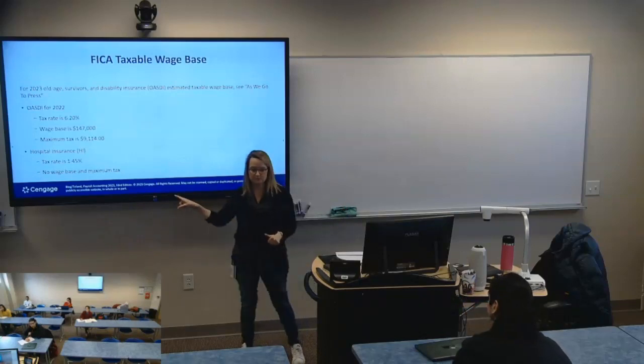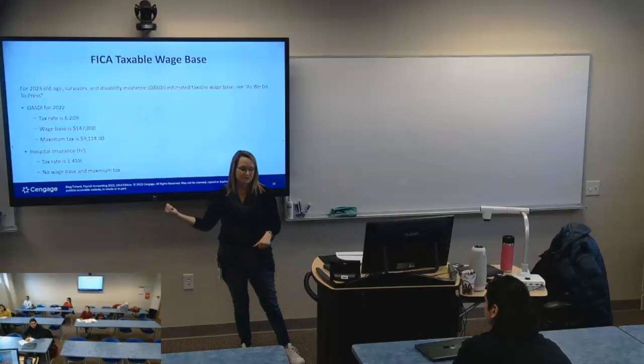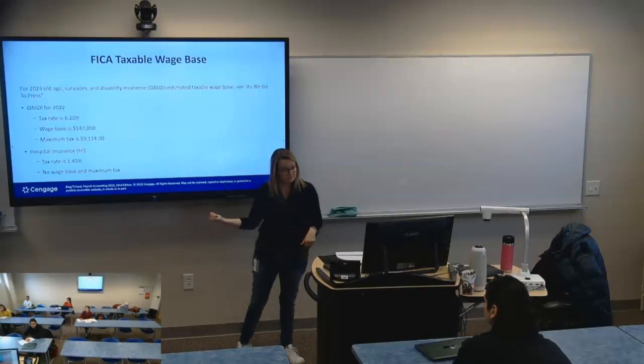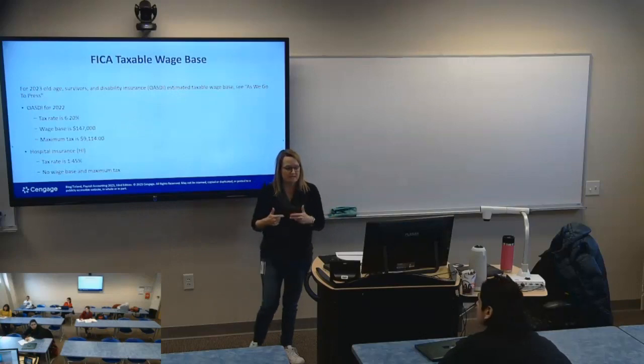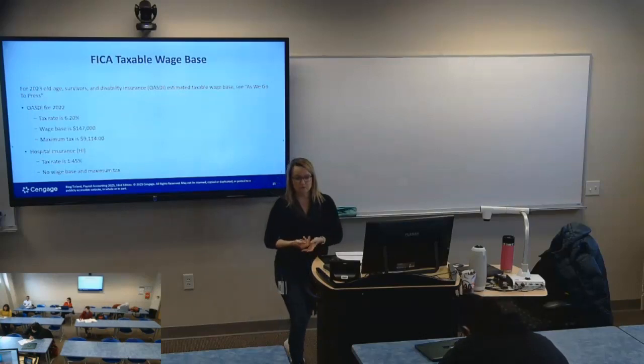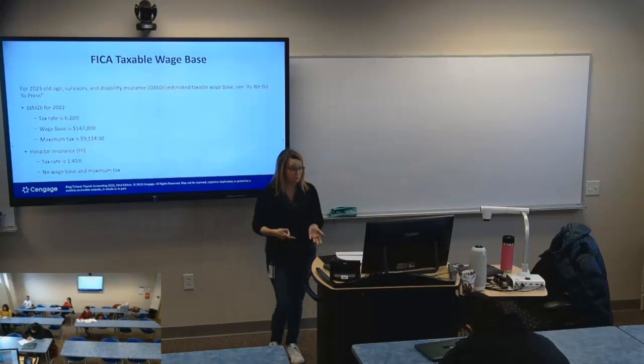This is actually called a regressive tax. We're mostly familiar with our income tax system, which is set up as a progressive tax system, which means essentially the more you earn, the more they take.